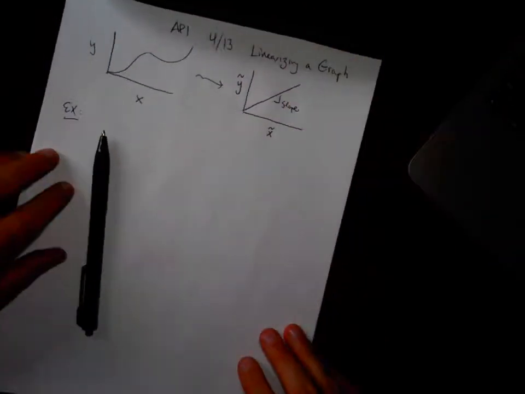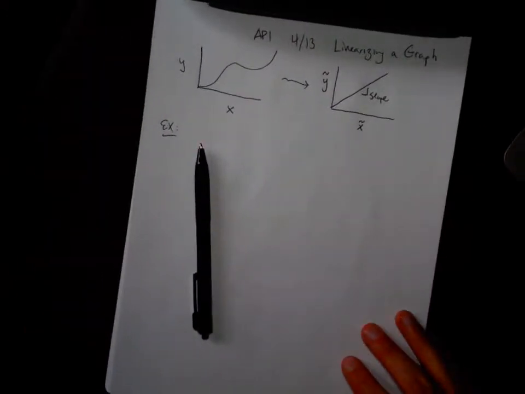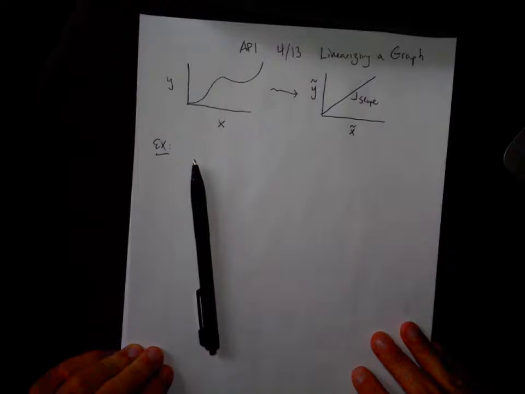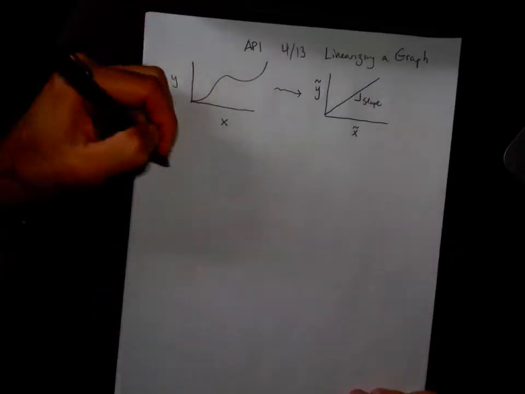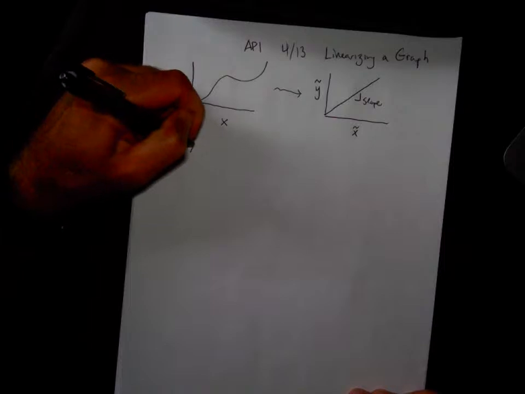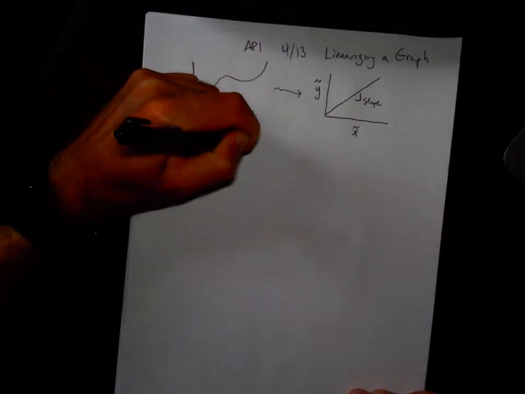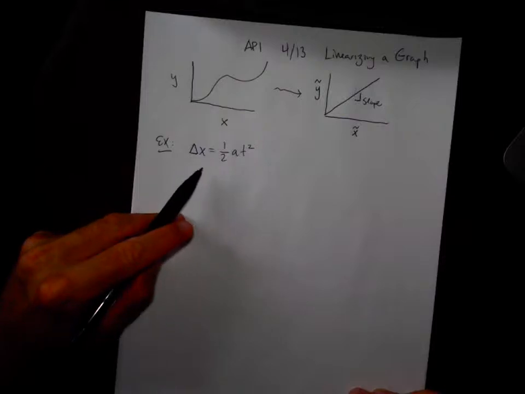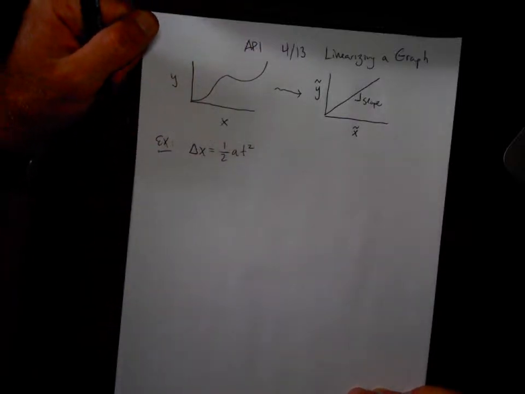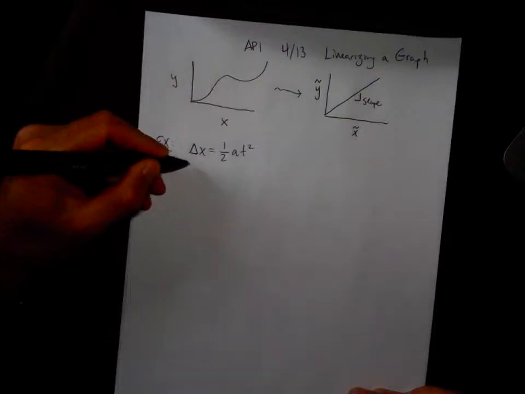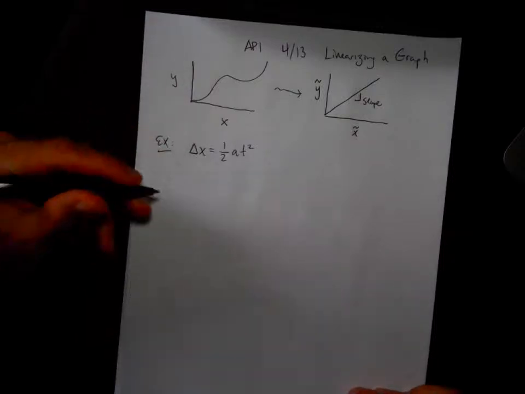What if I wanted to look at the graph delta x equals 1/2 a t squared. This is position versus time for uniformly accelerated motion.